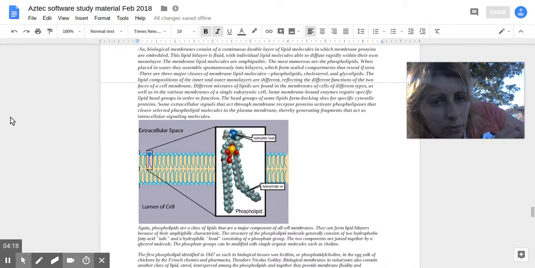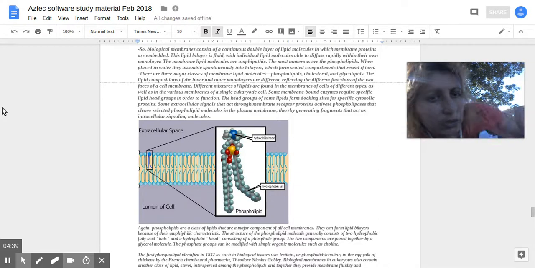The most numerous are the phospholipids. When placed in water, they assemble spontaneously into bilayers, which form sealed compartments that reseal if torn. There are three major classes of membrane lipid molecules: phospholipids, cholesterol, and glycolipids.